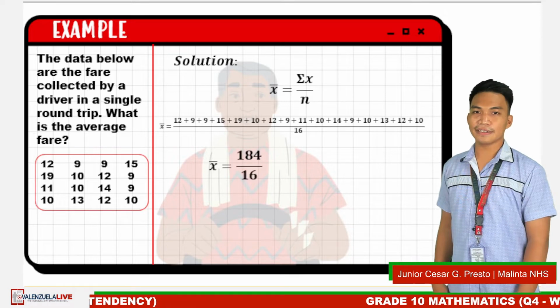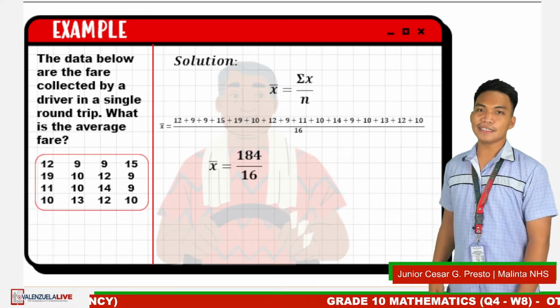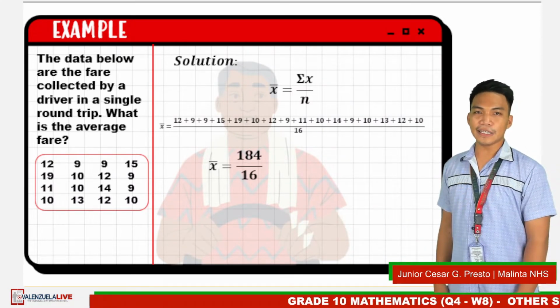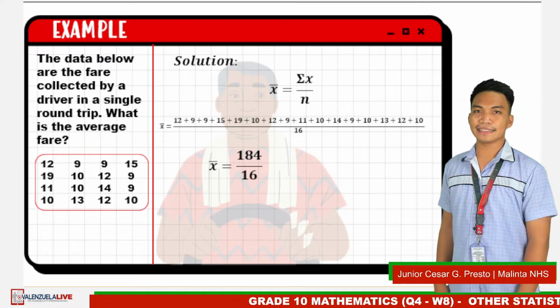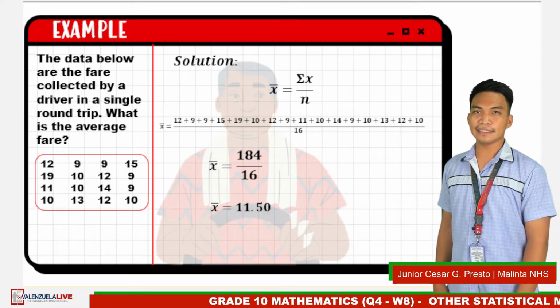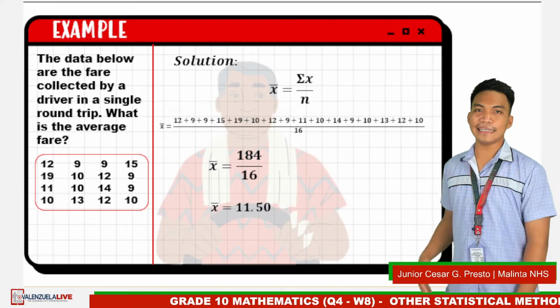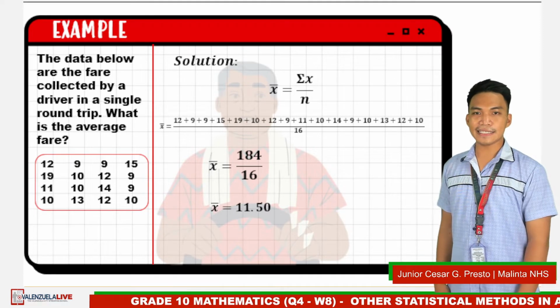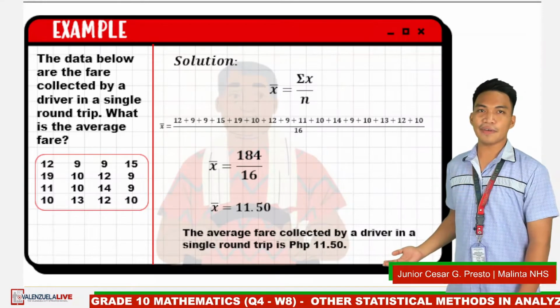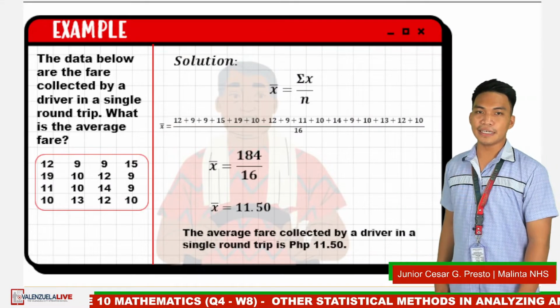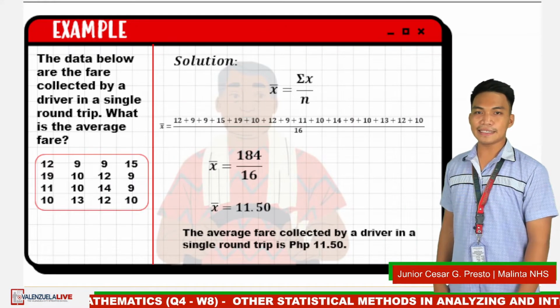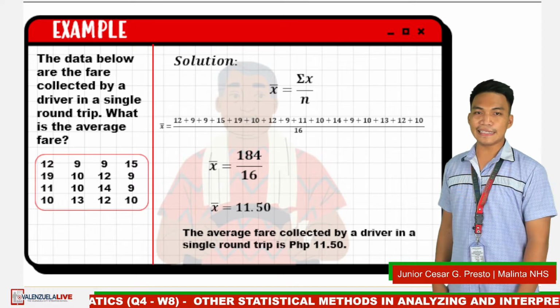We have x bar is equal to 184 divided by 16. Thus, we obtain 11.50. This means the average fare collected by a driver in a single round trip is 11 pesos and 50 centavos.